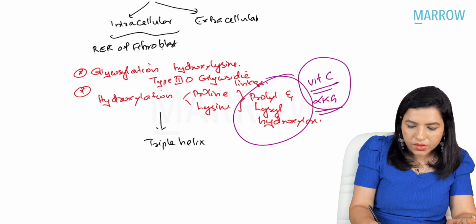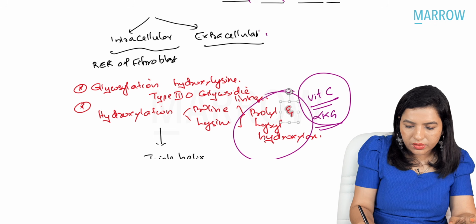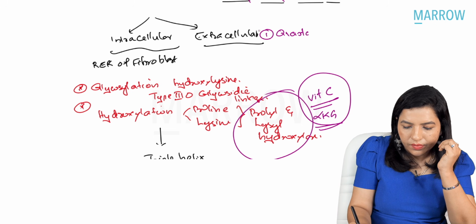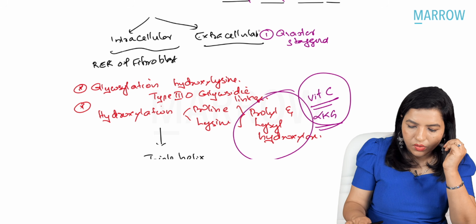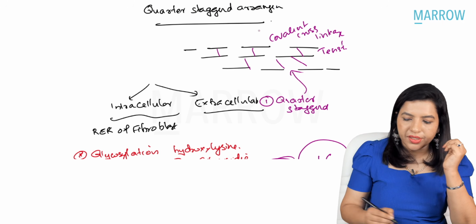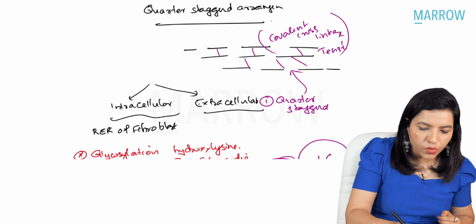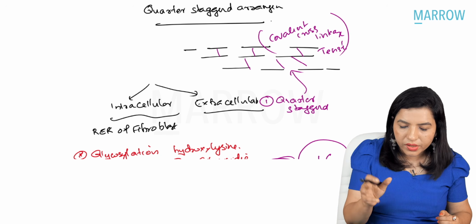In the extracellular matrix, the major event, as I have told you, is the quarter staggered arrangement. A very important feature of the quarter staggered arrangement is the covalent crosslink. What is the post-translational modification important for this covalent crosslink?